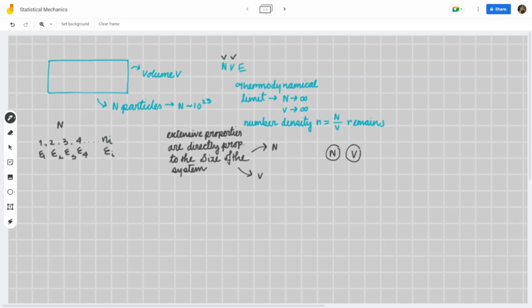The summation over all these numbers, N1 plus N2 plus N3 plus N4 plus so on, is nothing but N. So, from here we come to the conclusion that the total energy E is equal to the summation over i of N_i E_i.